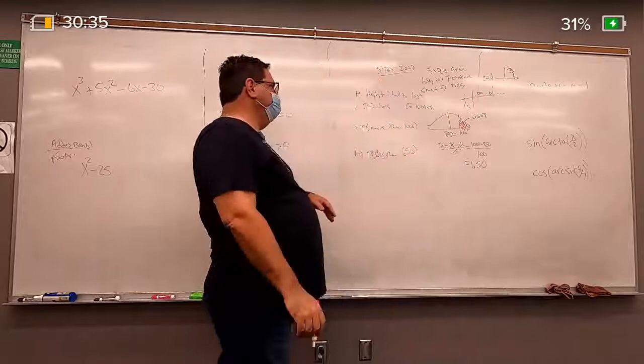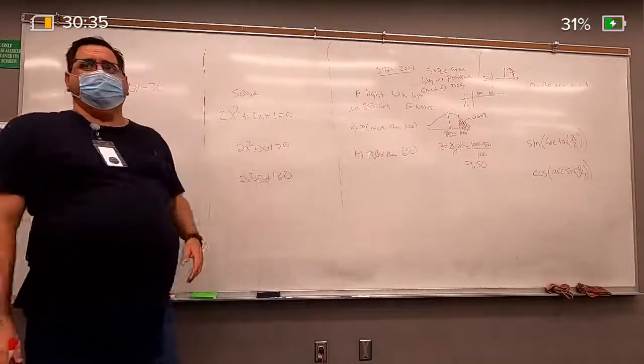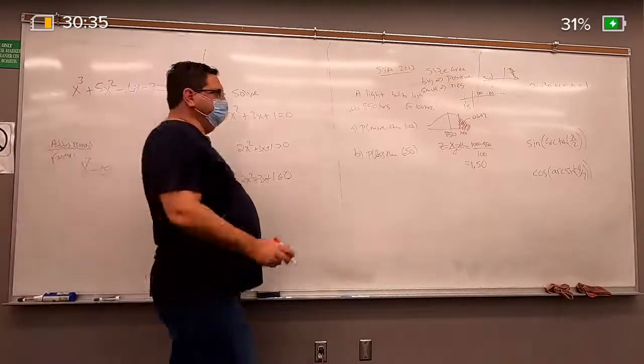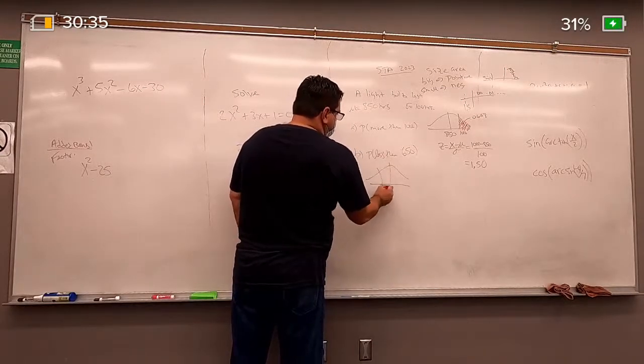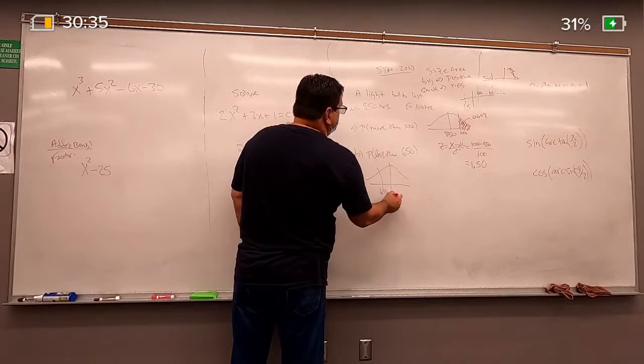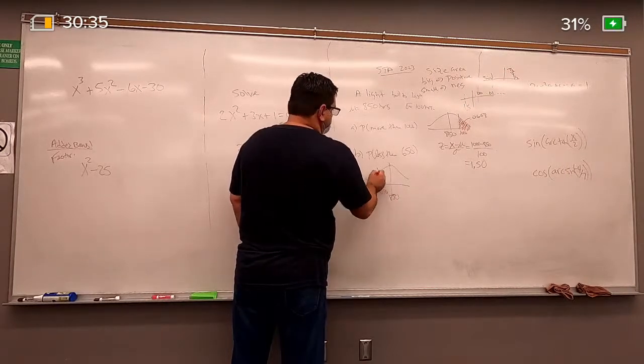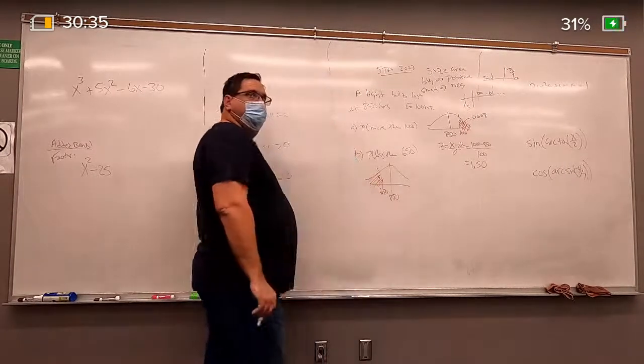All right. Less than 650? This is 650. This is 850. You're going to go this way.